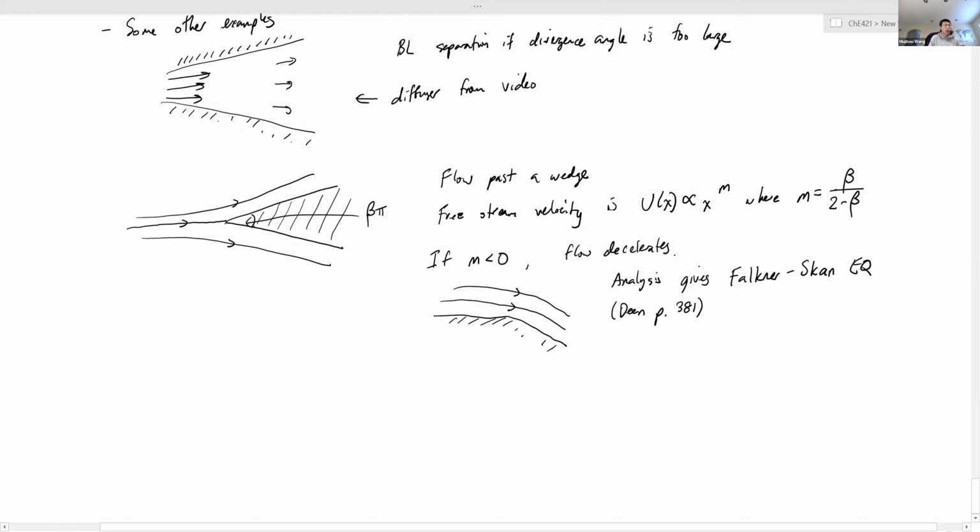Okay. And one of the key conclusions that the Falkner-Skan analysis shows is that if beta becomes too small, something like 0.199, this results in boundary layer separation.